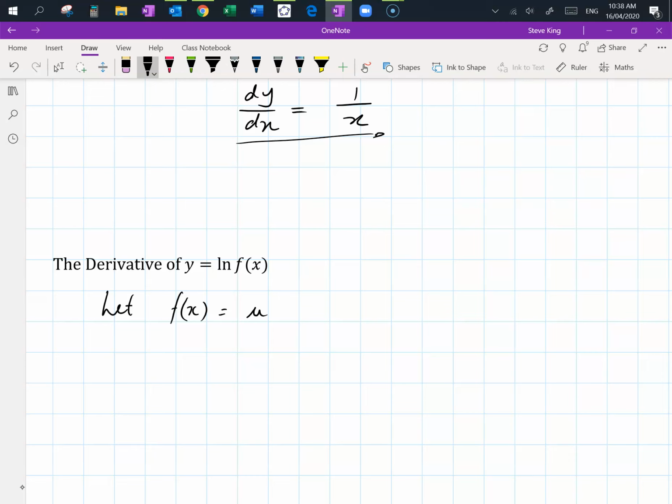And so my function now looks like this. It's y is equal to ln of u. In other words, I can say dy du, that's simply going to be 1 over u.